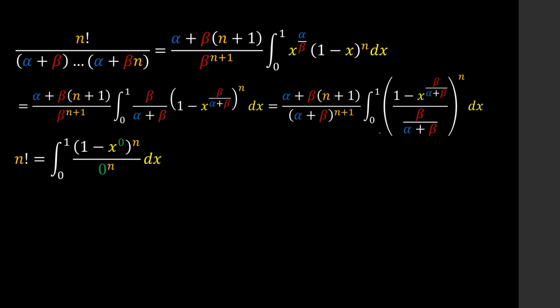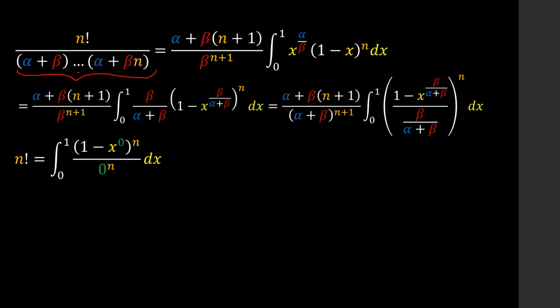And so now comes, I guess, the most sketchy argument, which is to say, okay, we did this for general alpha and beta, but we're just going to plug in some specific values for alpha and beta. In particular, if I plug in 0 for beta, and I plug in 1 for alpha, well, 1 is alpha, 0 is beta, so I've got 1 plus 0, and so on, and this is still 1 plus 0.